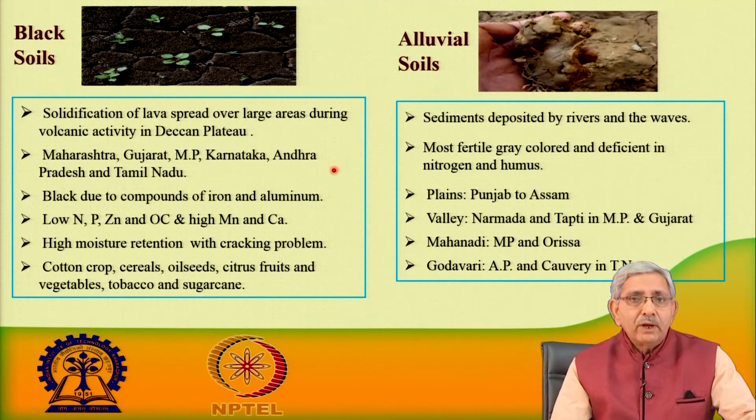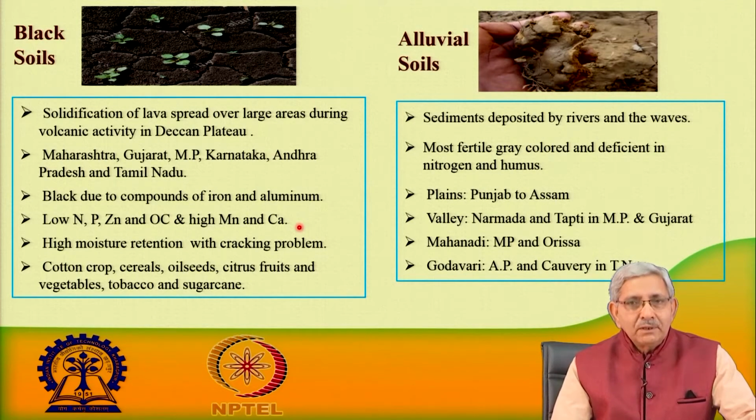Why has this black soil formed? It is from compounds of iron and aluminum. These soils are low in nitrogen, zinc, organic carbon, and they are rich in manganese as well as calcium. They have typical properties.